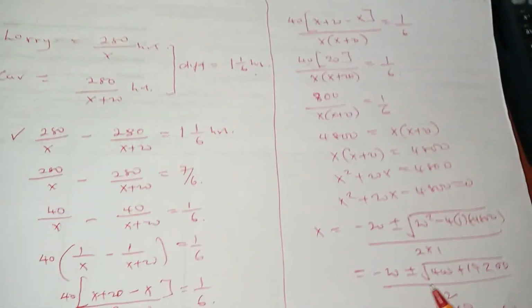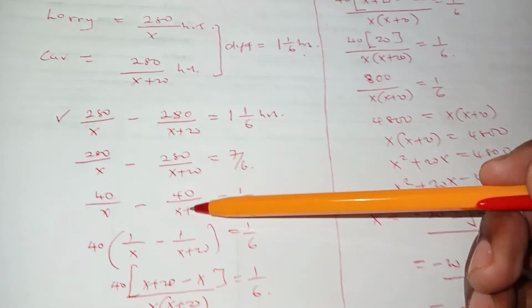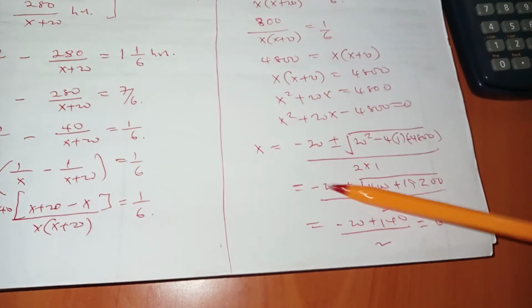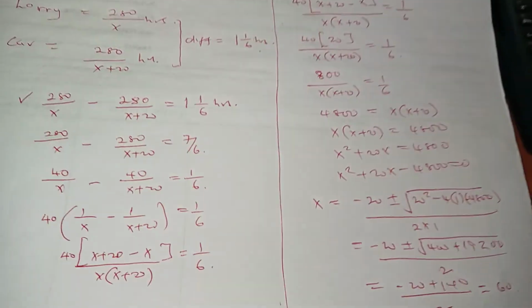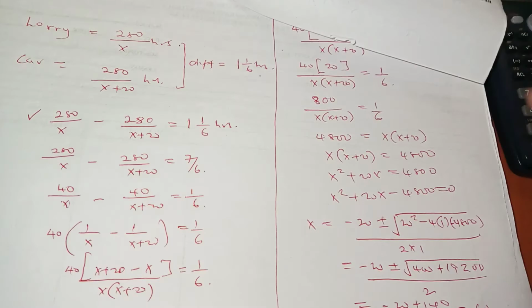Have this in mind, that if you have an equation that you generate from the two concepts of time difference, then from there you can come up with this quadratic equation. You solve it, it's not a difficult thing. Then from there you'll arrive at this correct answer, 60 kilometers per hour. And that's how it's done.